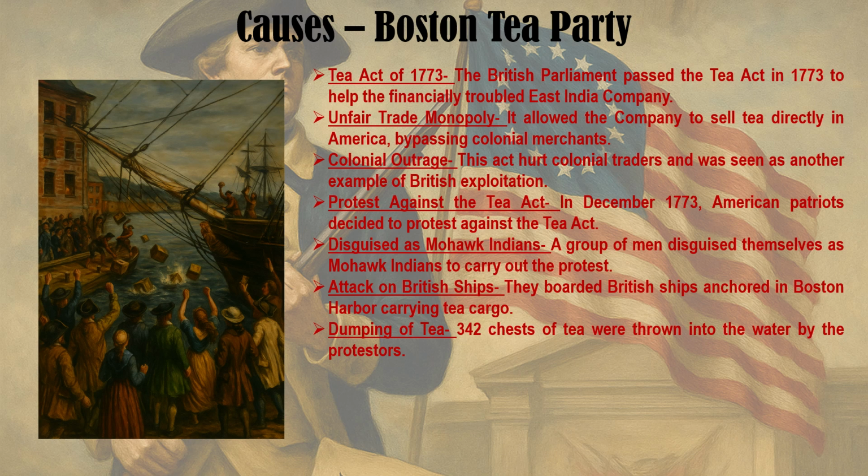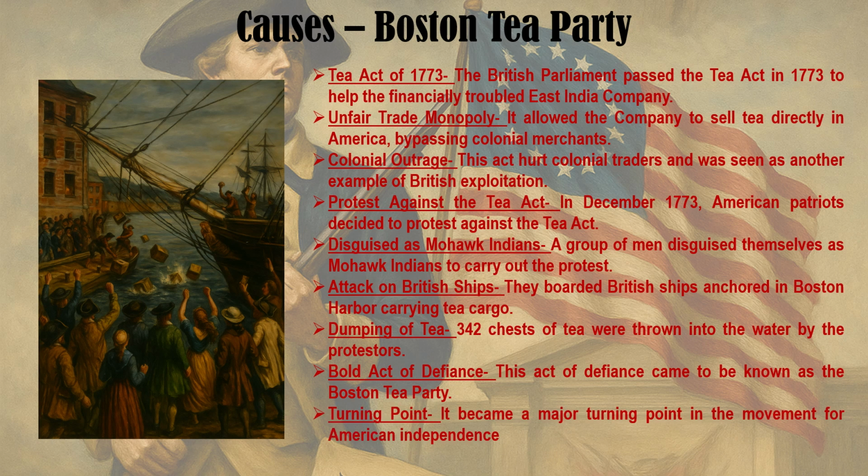So many boxes of tea were thrown in the water by the protesters as a protest against the Tea Act of 1773. This act of defiance came to be known as the Boston Tea Party. So this incident is called the Boston Tea Party.